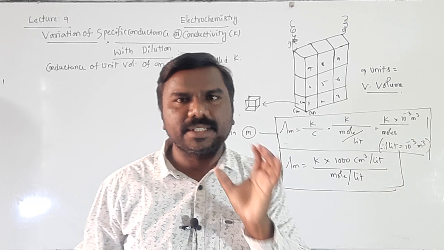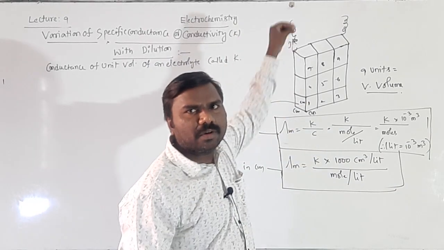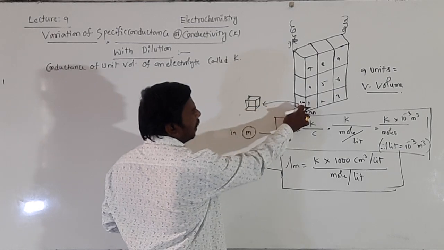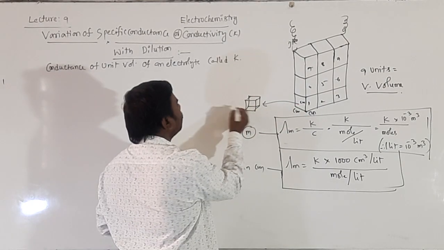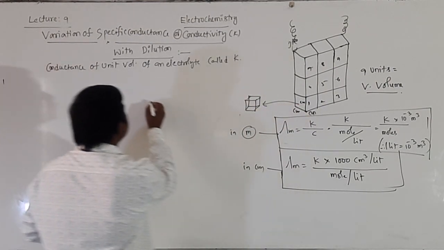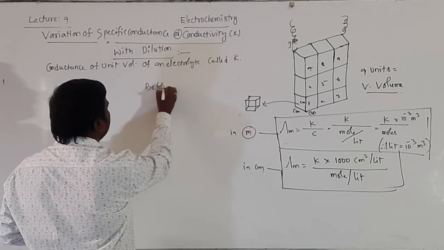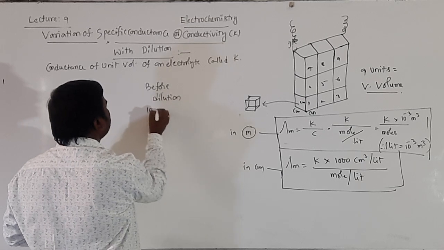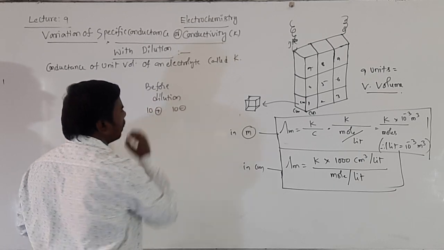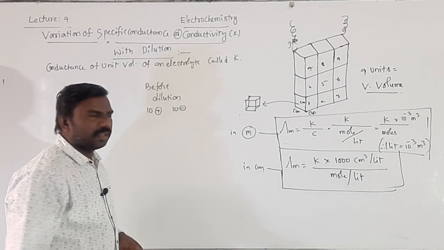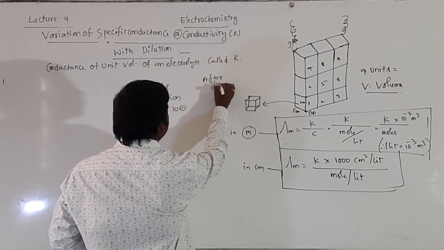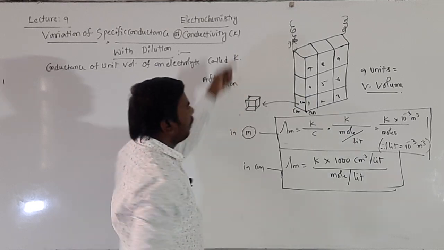Unit volume, that's it. I started to add water. So this is 1 unit I separately drew. In this, in the beginning, before dilution, 10 cations and 10 anions are available. So when I added water after dilution, I started to add water.